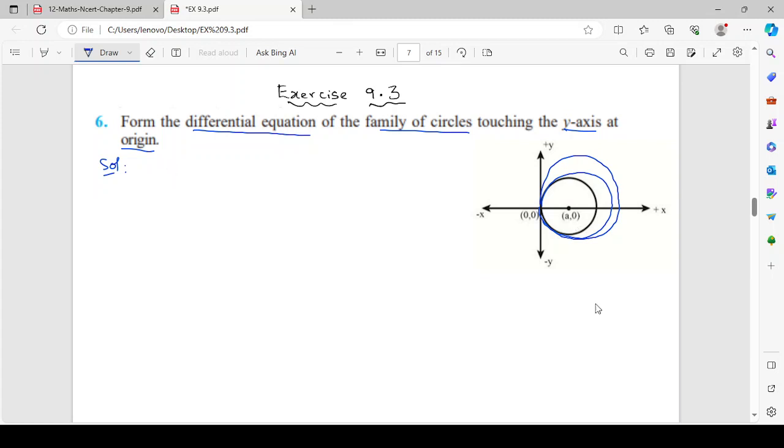Whenever we have a circle with center A comma B and radius R, the equation of the circle is x minus A whole square plus y minus B whole square equal to R square. By using that, one can write down the equation of the circle here.